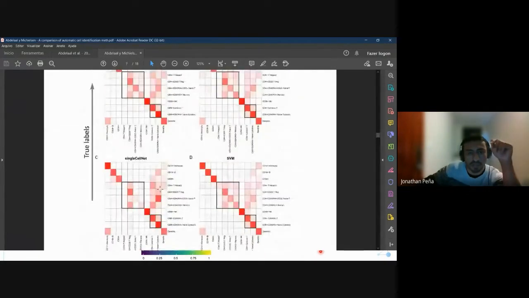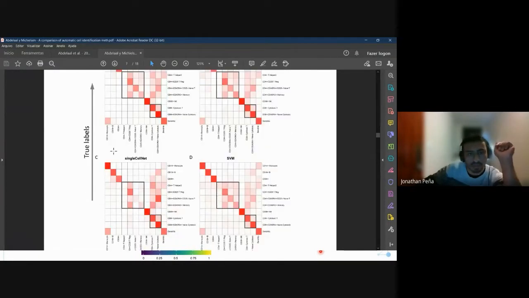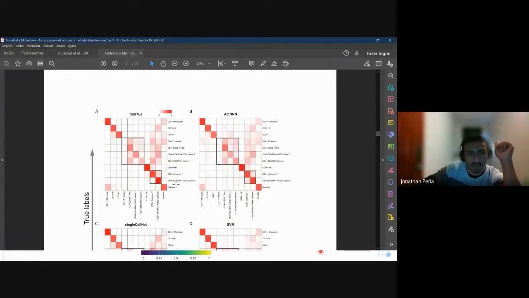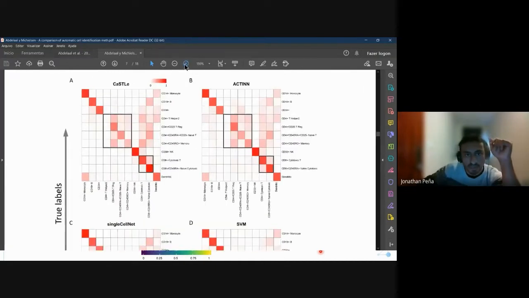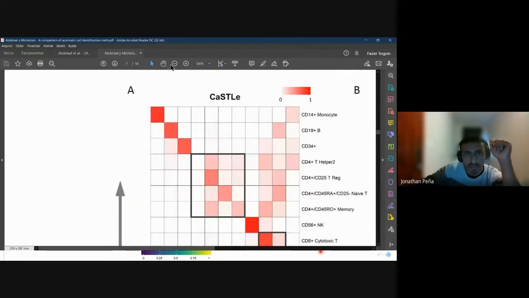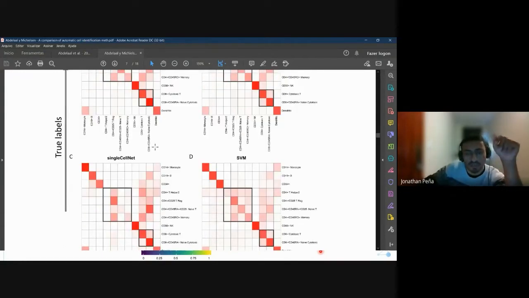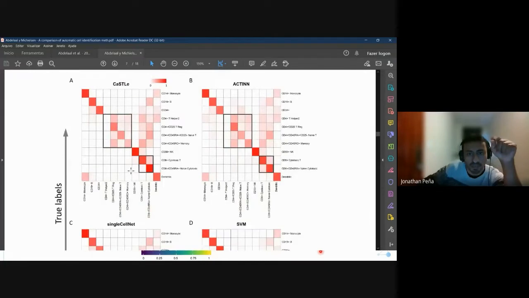por exemplo, aqui os true labels, que são as anotações próprias do artigo, e as que foram preditas pelo classificador. Aqui, subgrupos mais específicos de células CD4 estão mais correlacionados. E o performance foi bastante baixo, caiu muito quando eles querem fazer uma anotação mais profunda.